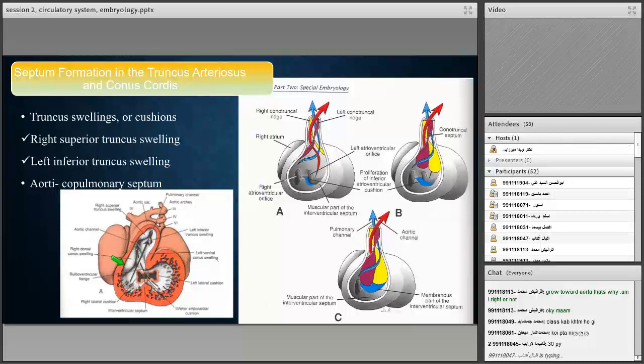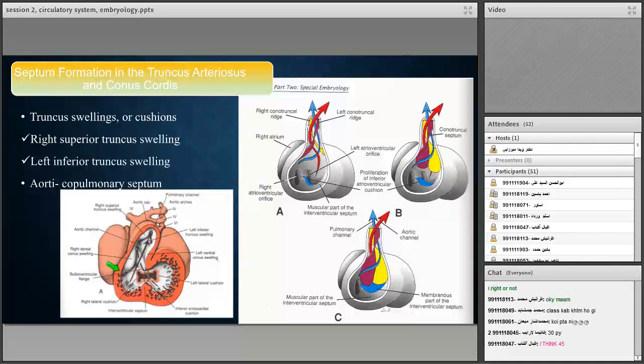So we have these cushions in the truncus arteriosus and conus cordis, the middle and distal parts of the bulbus cordis. So in the conus cordis we have right dorsal and left ventral swellings.